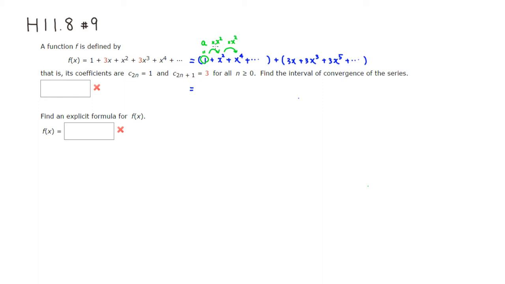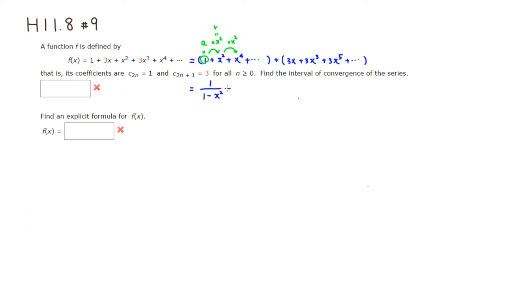So r is x squared. Using the formula, we have a, which is 1, over 1 minus r, which is x squared.